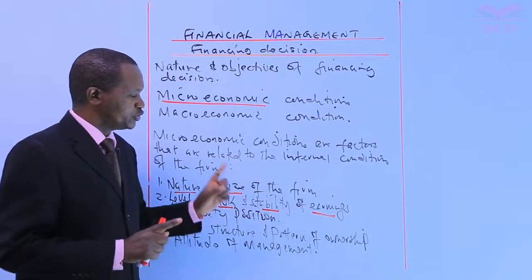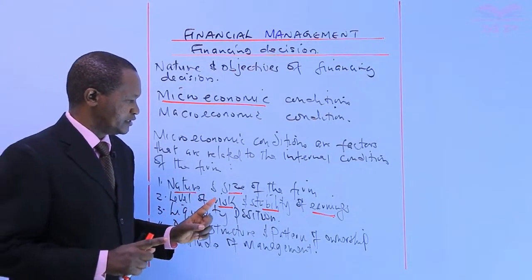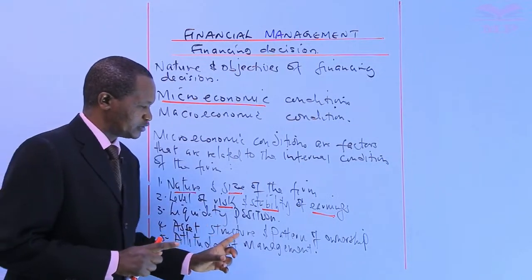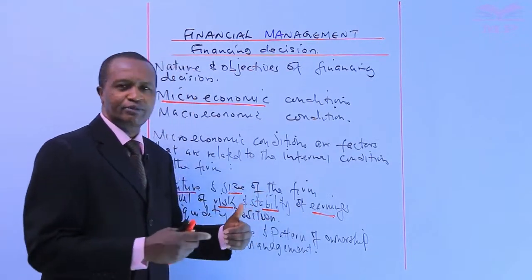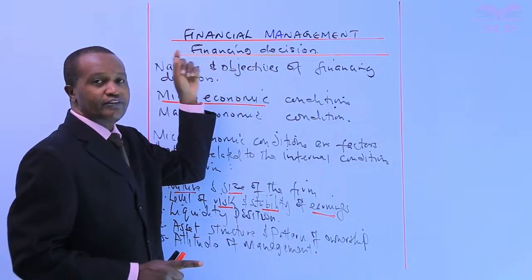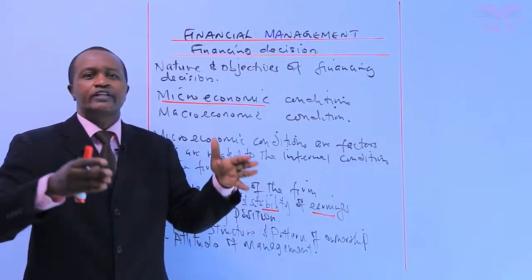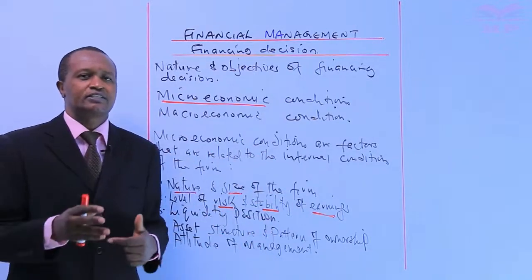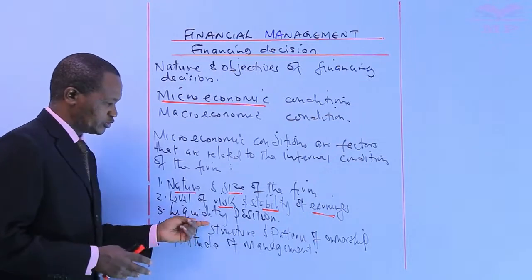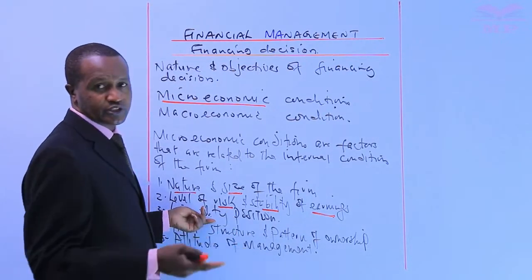A firm will choose not to pay dividends. That means a firm will use the little cash at its disposal to finance them. Remember, we are talking about financing decisions, and this would also relate to financing of working capital requirements. So the liquidity position of an organization can influence financing decisions.